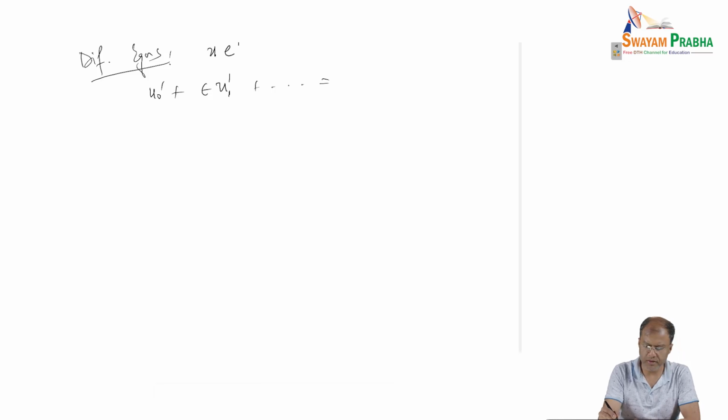U times e to the power epsilon q minus 1 after multiplication, so this is u naught plus epsilon u1 and so on and so forth, multiplied with 1 plus epsilon q naught minus 1 plus and so on and so forth.